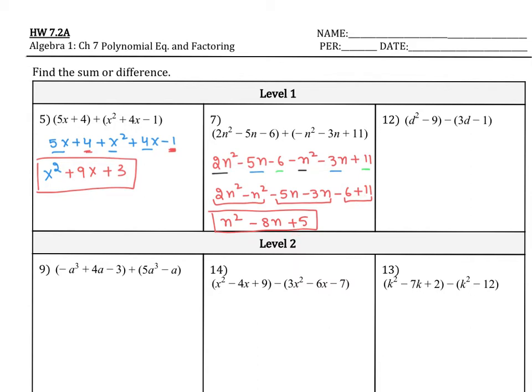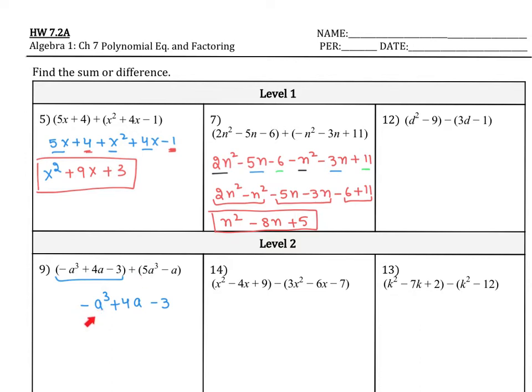Now I'm going to do one problem for number 9 with the vertical method, everyone. So I'm going to rewrite this polynomial. So that's negative a cubed plus 4a minus 3. And underneath I'm writing a cube underneath a cube.